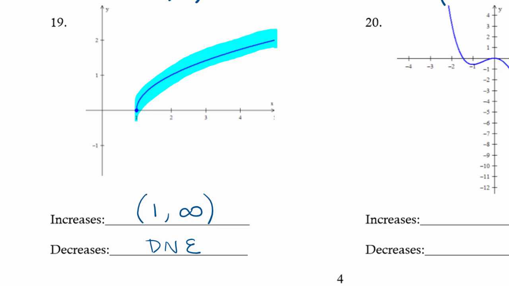It is always increasing. Now I want to just do a quick note here. It depends on the textbook that you are using in your course. You will sometimes see that with these functions where the domain starts at that 1, some authors like to write the increasing interval so that it includes the 1. So they use the bracket, okay?